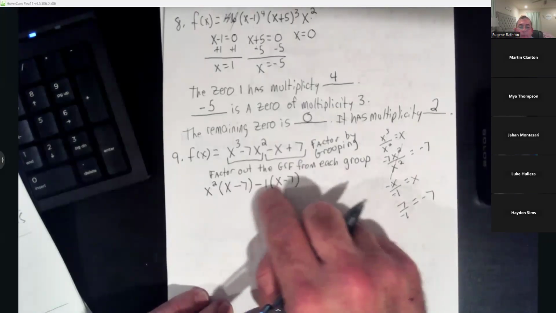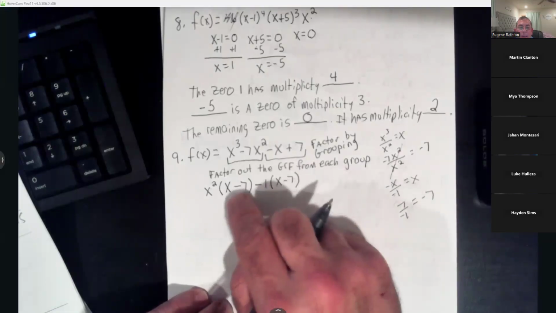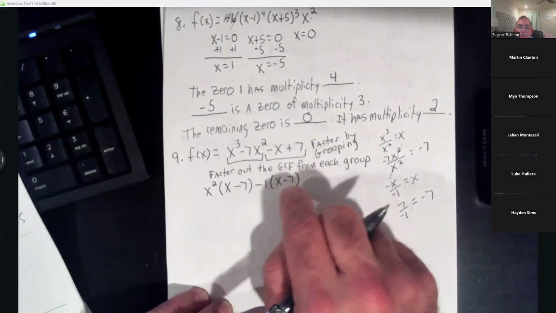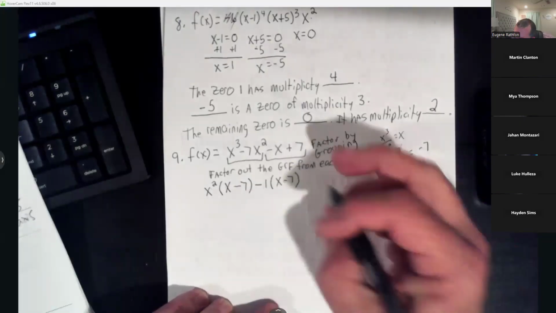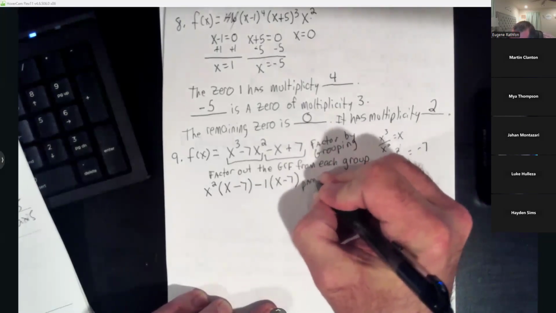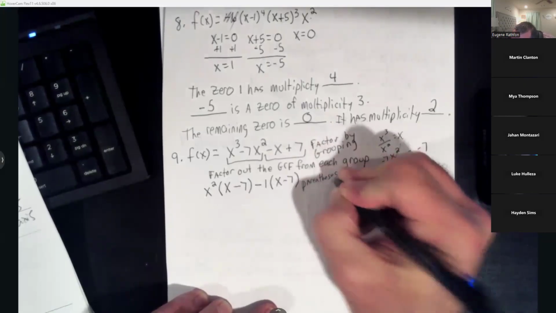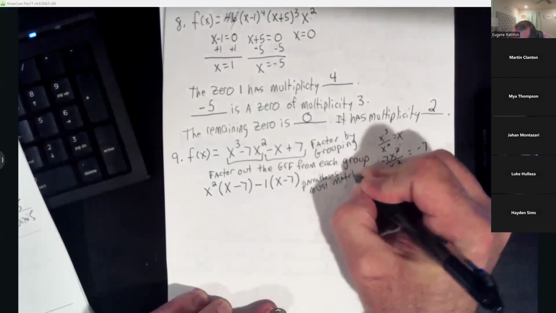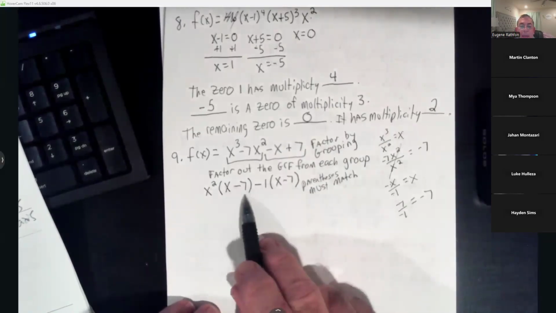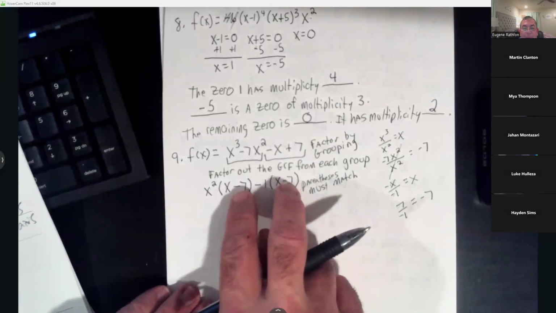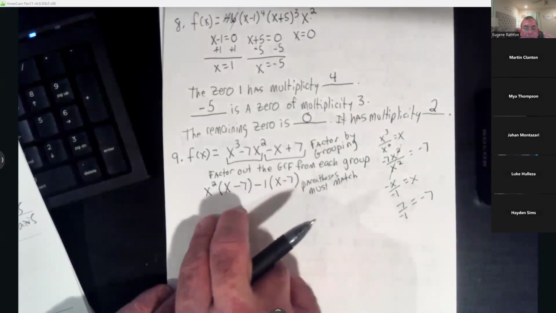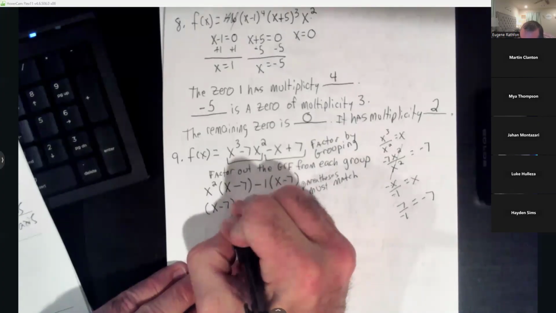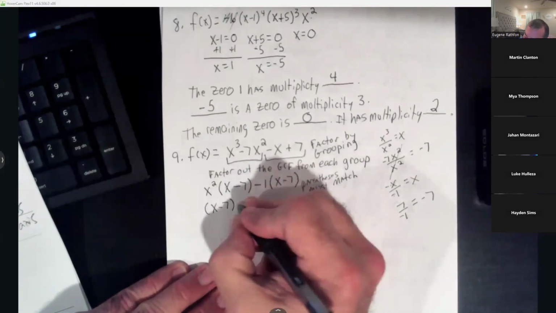At this point, we're almost factored. And notice these parentheses must match up at this point. All right, so our parentheses match. So the last step is you're going to factor out that x minus 7. Here's the thing.